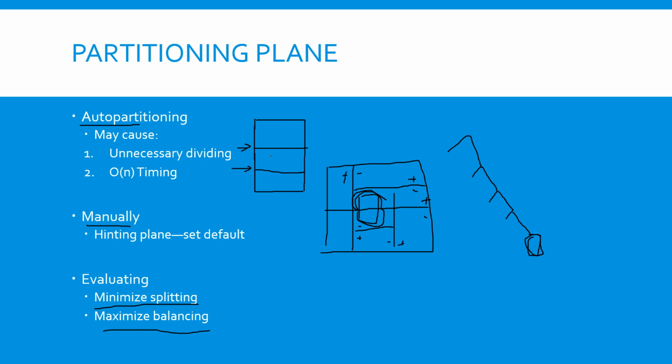So everything just in this floor can be further divided, but nothing can cross the hinting plane. So this one may be more efficient when we actually use it. And the auto ones, they have some crazy method to define how to create a well balanced tree.